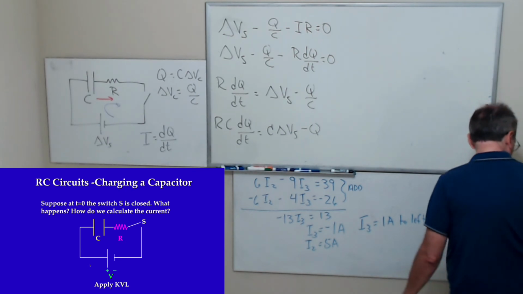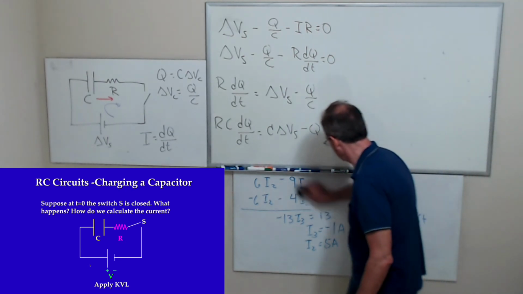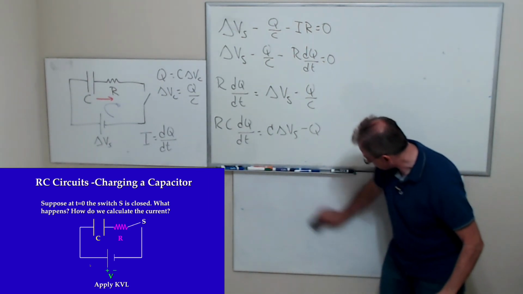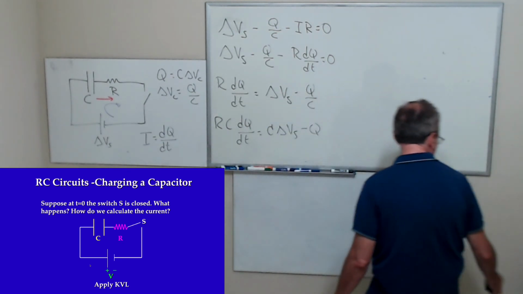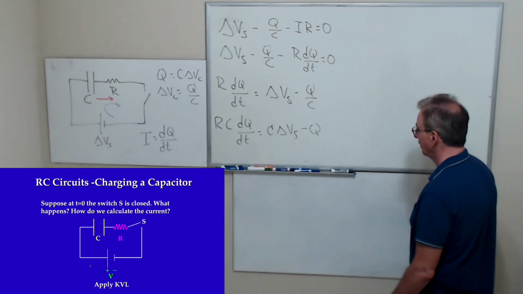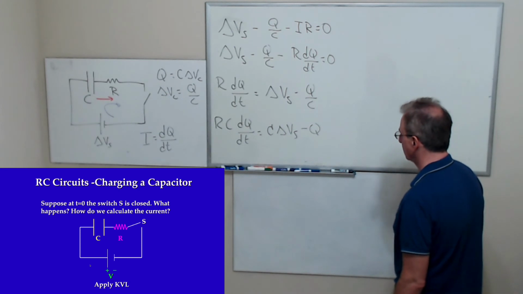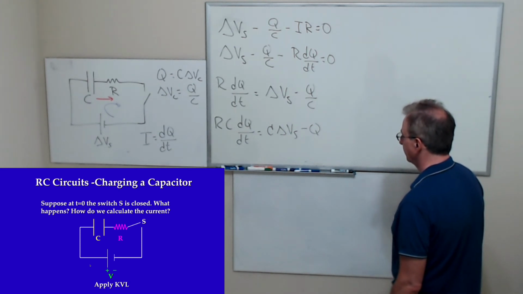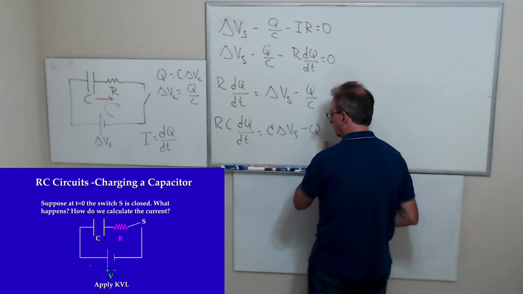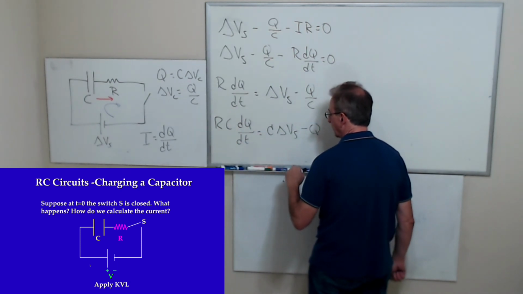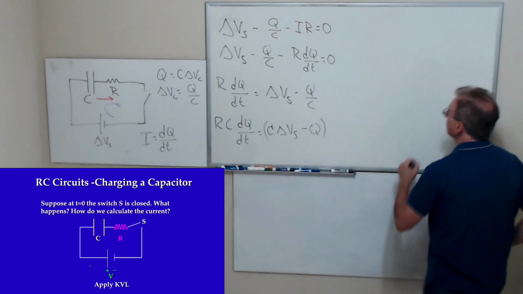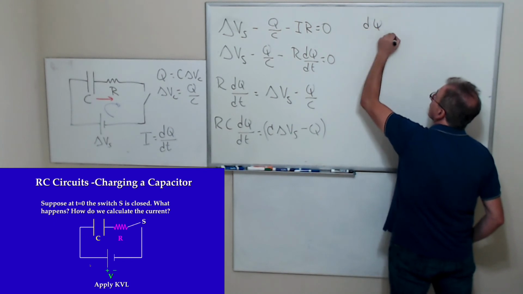Now what? Well, what I learned in calculus is that I've got to get all the Q's on one side of the equation, because I know Q depends on time, and I've got to get the dt on the other side of the equation. So I'm going to multiply both sides by dt and divide by RC. And I'm also going to divide both sides by this term. So I get the following.